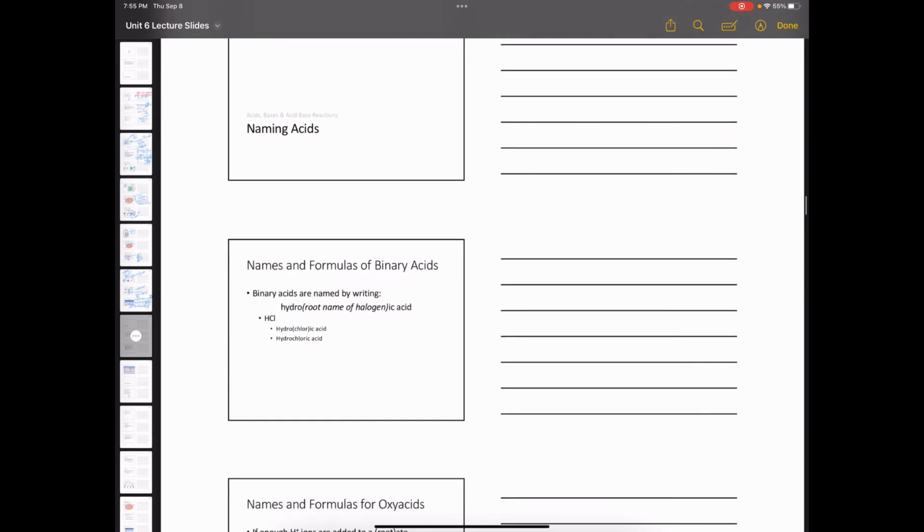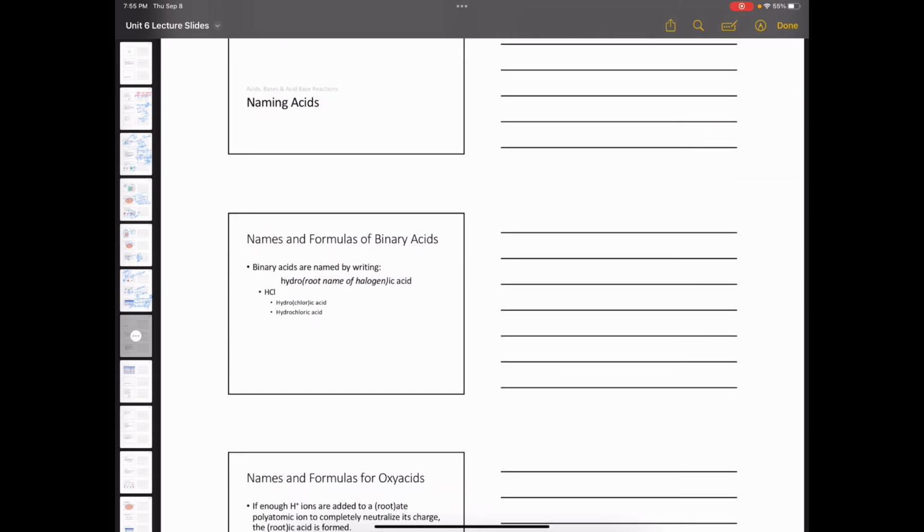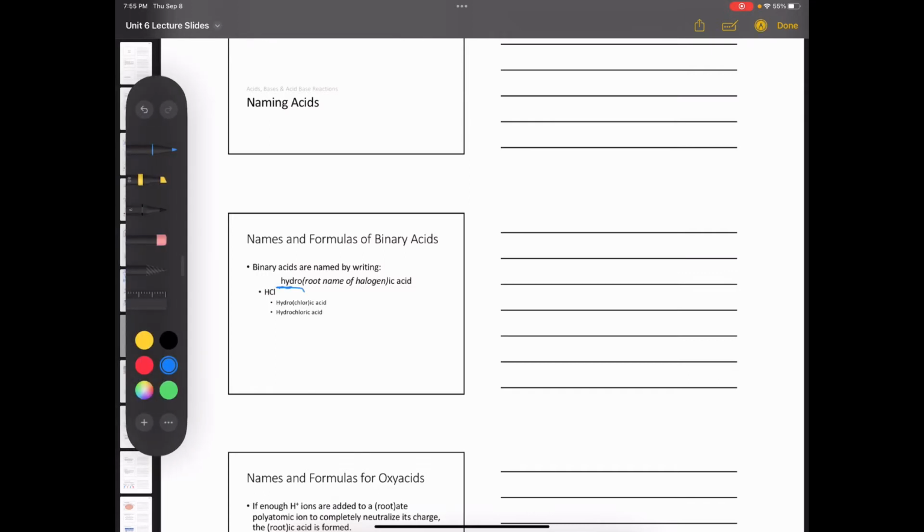Let's continue with acids, and now let's get into naming acids. First, the binary acids are named as follows. You use hydro, plus the root name of the halogen, and then ic at the end. For example, with HCl, we use hydro, always hydro.